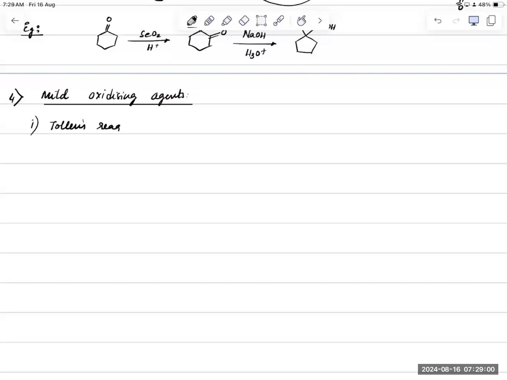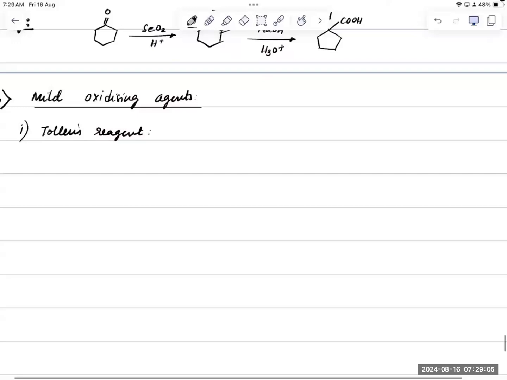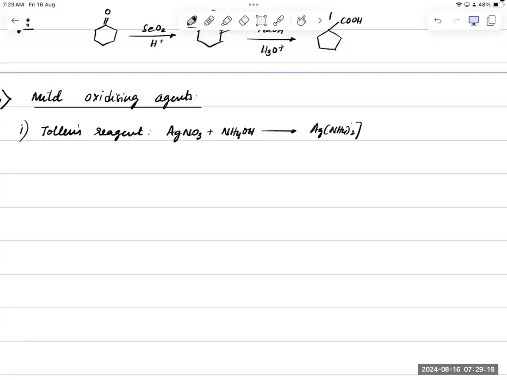So first let us discuss Tollens reagent. If we take AgNO3 and react it with ammonium hydroxide, it will form a complex, Ag(NH3)2 plus and OH minus. This is Tollens reagent.